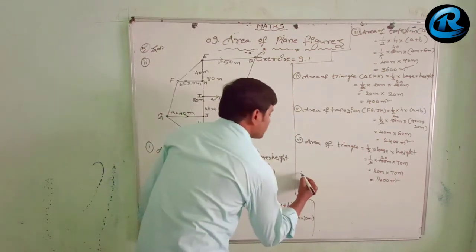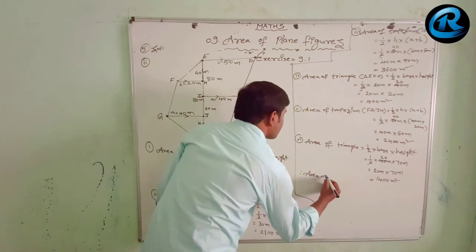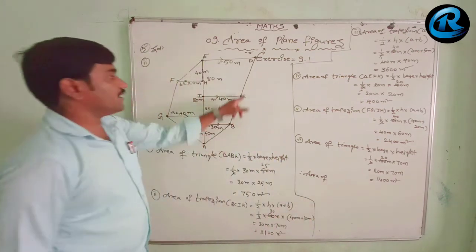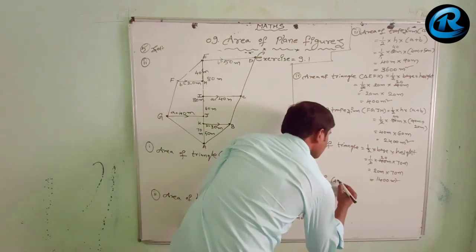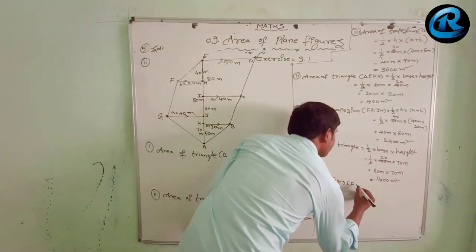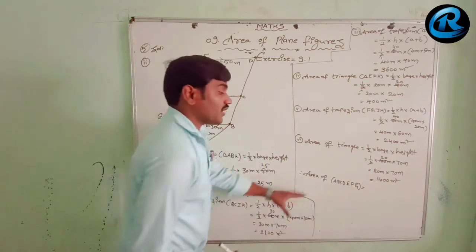Now let us find out area of the complete figure A, B, C, D, E, F, G. Here you have to write now.